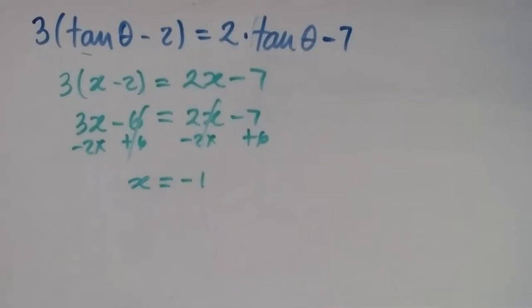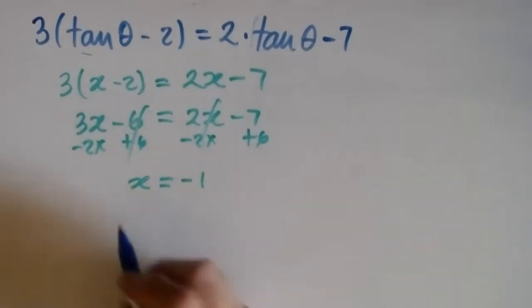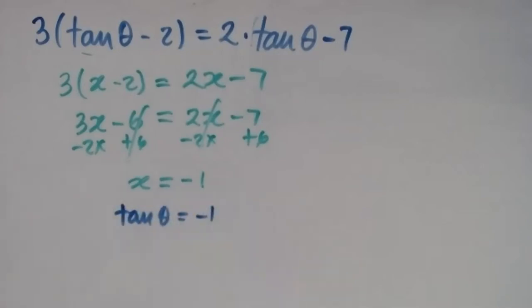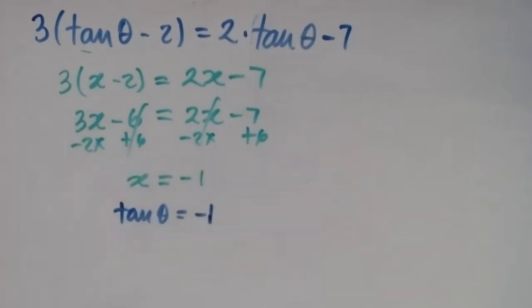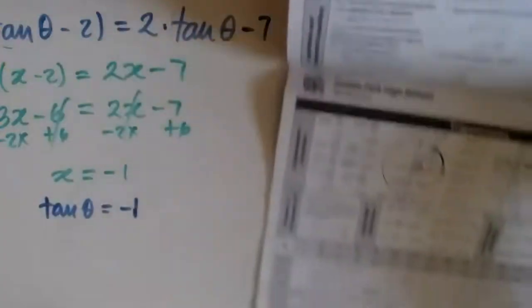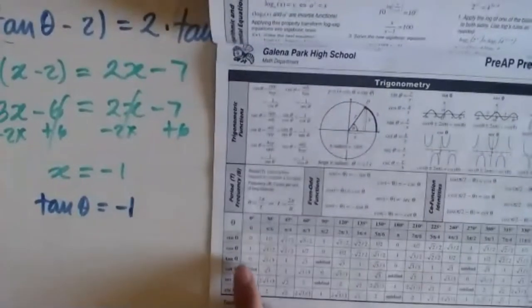Okay, bueno, now, this is really tangent of theta equals negative 1, correct? Okay, now I need to find for what angle the tangent is negative 1. Okay, I have to go back to my table right here, right? Here is my table, and I'm going to look the tangent here.